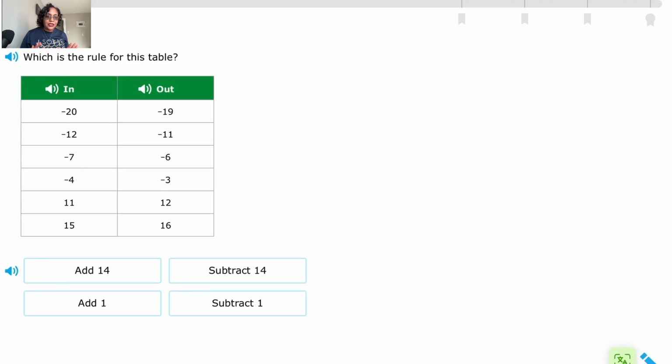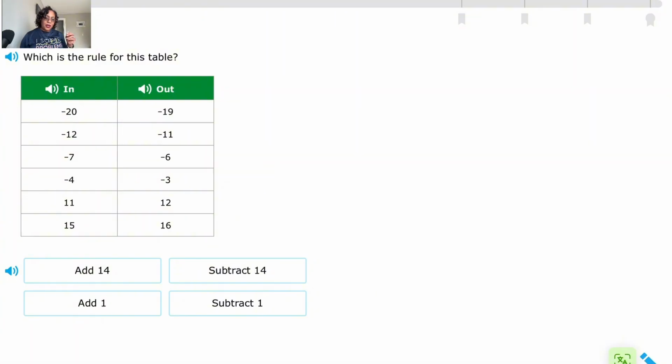We're doing the same exact thing, input, output. So here it says, which is the rule for this table? So I'm going from negative 20 to negative 19, and then negative 12 to negative 11. So now we have the integers and we have the number line using the less than 0 side of the number line, right? So it looks like I would add 1, right?